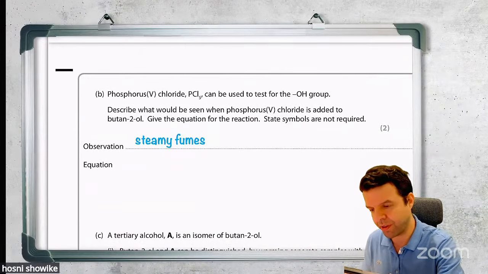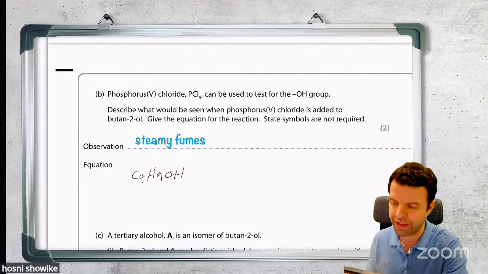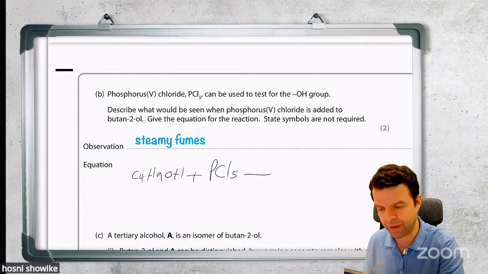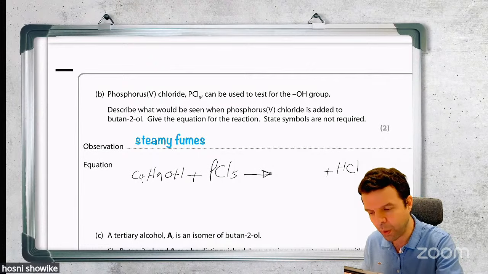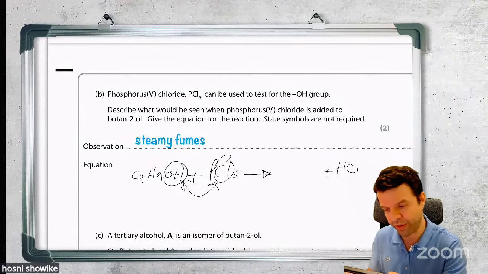What about the reaction? Again, I have butanol, so I'm going to write C4H9OH, butanol, plus PCl5. I know I'm getting HCl here, right? I'm going to sub the OH with a Cl. So that's why it's called substitution here.